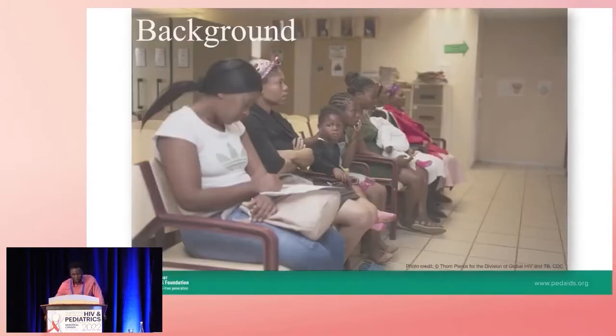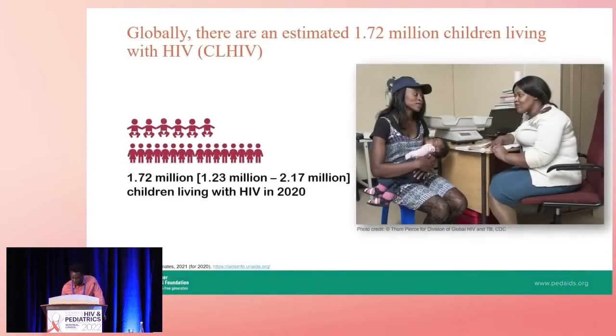All right. Thousands of children living with HIV present to health facilities daily, yet many remain untested, undiagnosed, unaware of their HIV positive status. Now, we have received background information on the current epidemiology of HIV in children and adolescents.